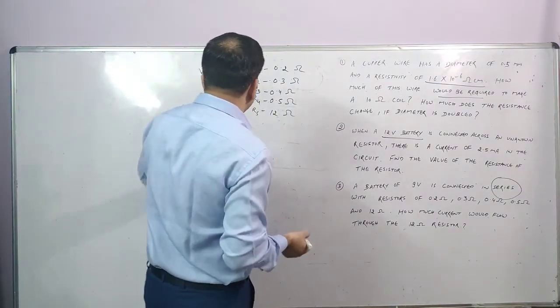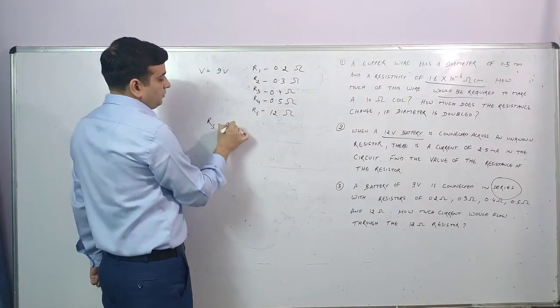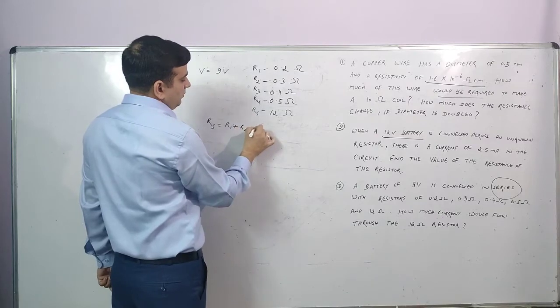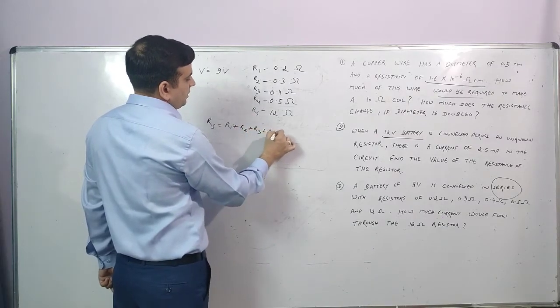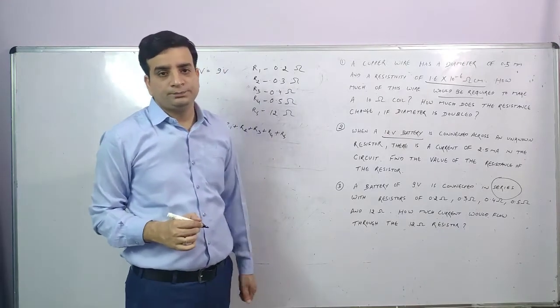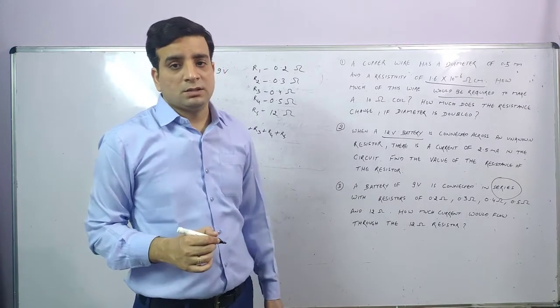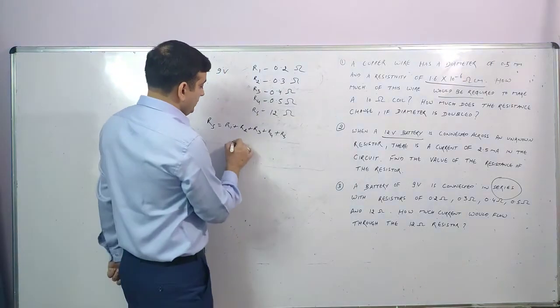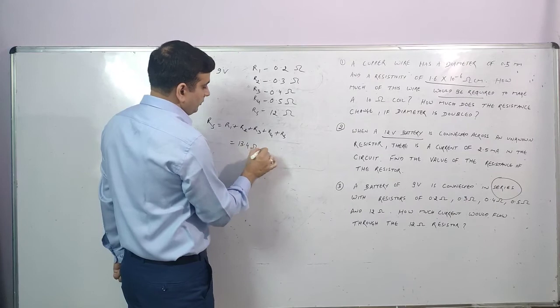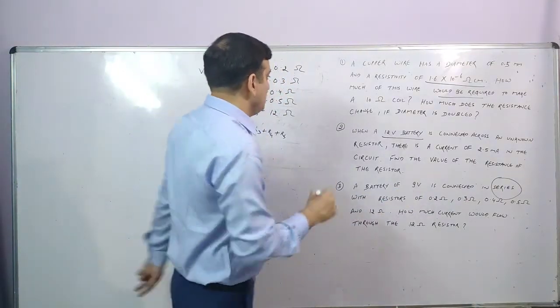total resistance, and all the resistance are connected in series, so it will be equal to R1 plus R2 plus R3 plus R4 plus R5 according to the law of combination of resistors. So after adding this you will get 13.4 ohm. Next what we have to calculate, how much current would flow.